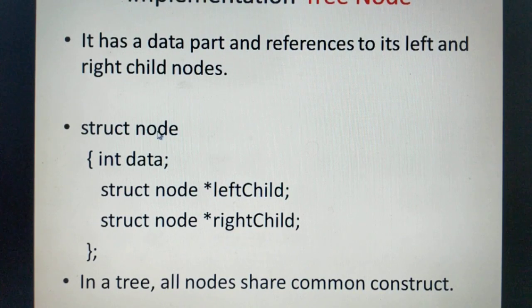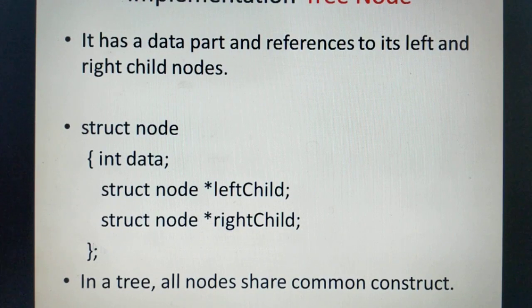So we need a pointer to the left child as well as a pointer to the right child. So we have data, which can be of any data type, then a struct, self-referencing the structure node, with the pointer left child and the pointer right child. So this completely is the structure, or the tree node implementation.